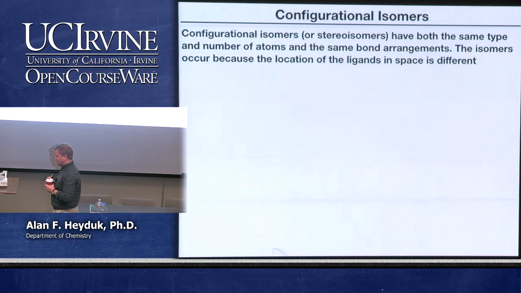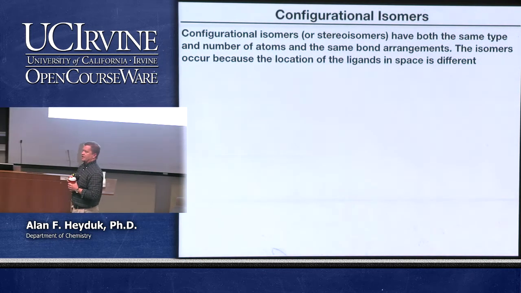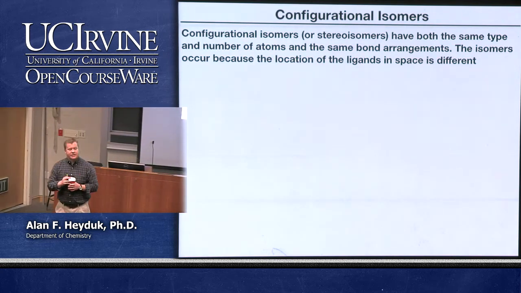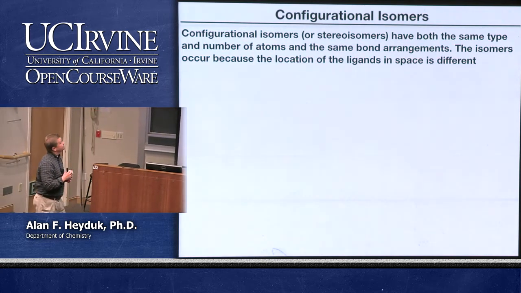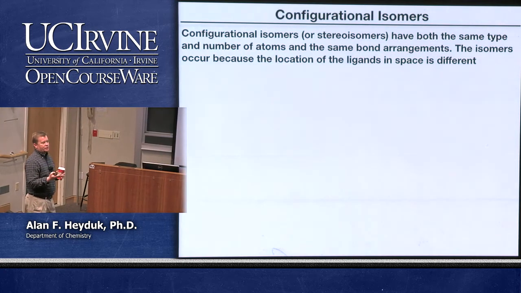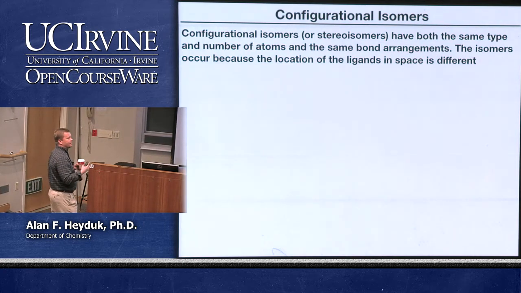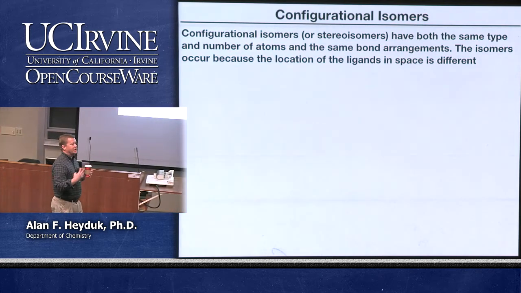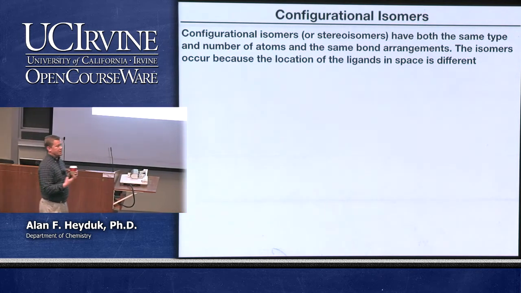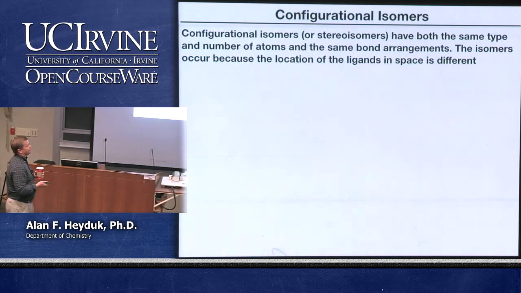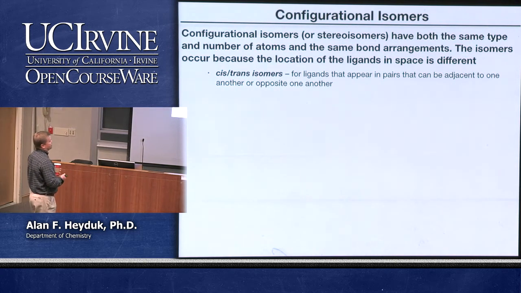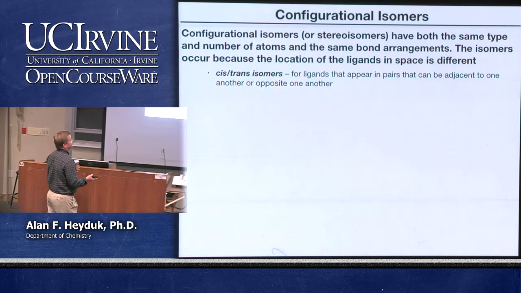Stereoisomers. As much fun as stereochemistry was for organic compounds, it's even more fun for inorganic compounds. So we know the ground rules here, right? Same connectivity, basically a different geometrical representation in space because of a lack of mirror planes, at least for enantiomers. And so you can have cis-trans isomers.